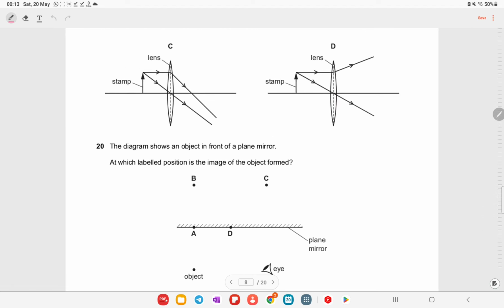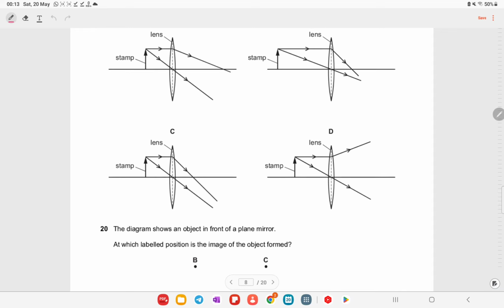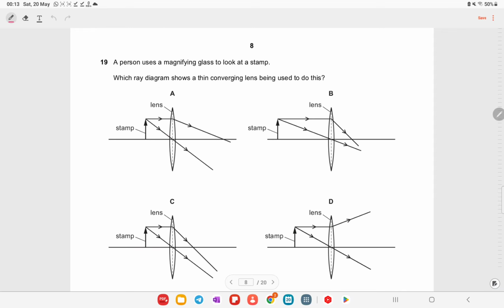Okay, now we have another question, and it states that a person uses a magnifying glass to look at a stamp. Which ray diagram shows a thin converging lens being used to do this? In this case, option A would be the right answer because the object is inside the focal length, whereas this is not in its focal length.